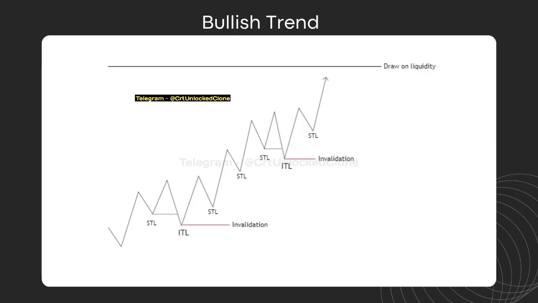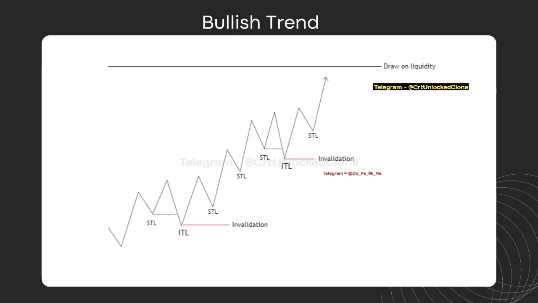A protected low or an intermediate term low, or a protected high or intermediate term high, are basically swing points which form after rejection below highs and lows, in either a bullish trend or bearish trend, right? And they've got two short-term highs and lows to their opposite side, and that is why we call these intermediate term lows or highs, right?